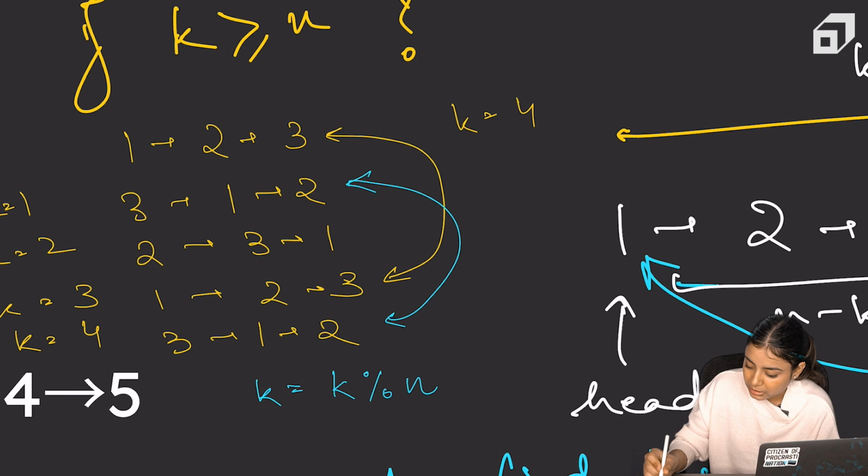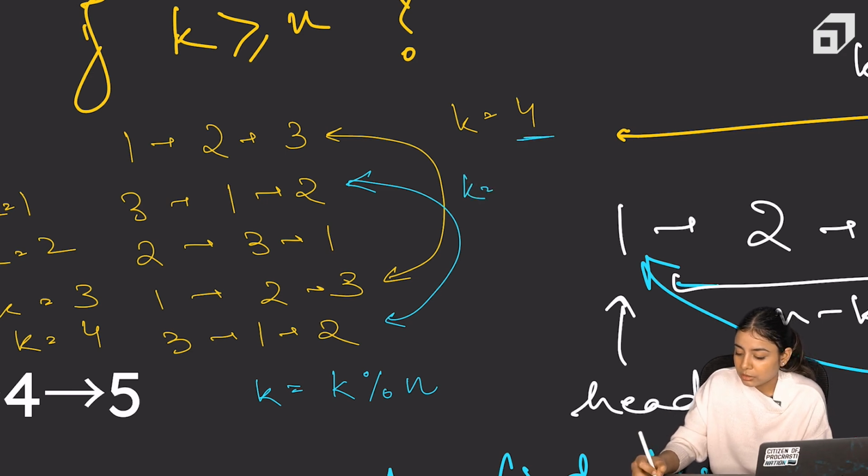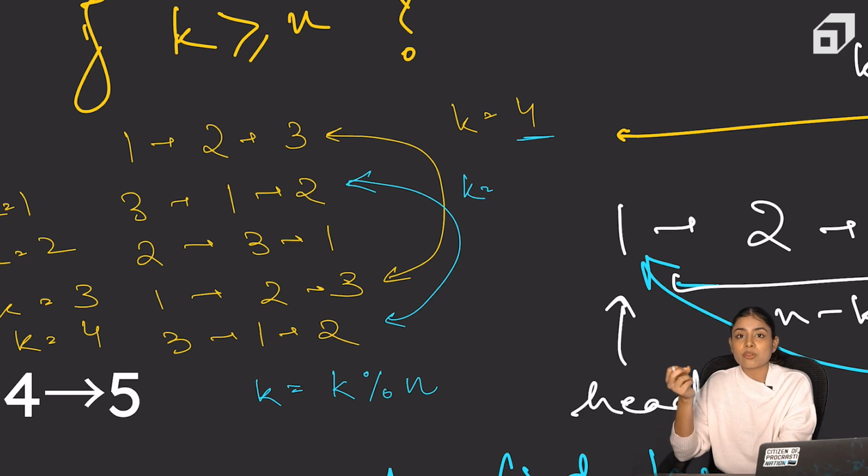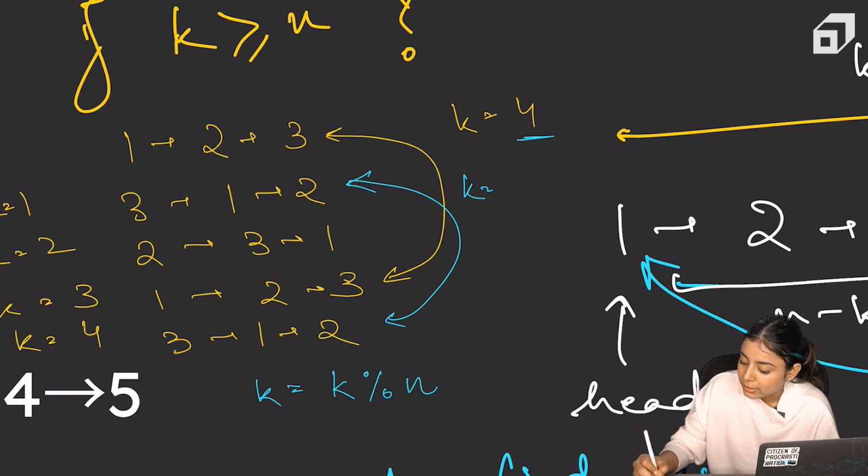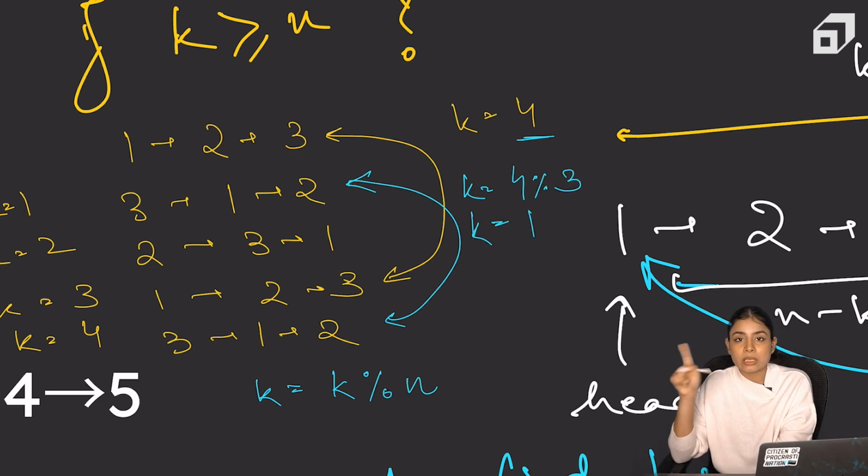For example, if k is given to us as 4, the real number of rotations that we'll have to do will be equal to 4 modulo 3, that is equal to 1. So 1 is the rotation that I need to do, and not the original k that was given to me, which was 4.